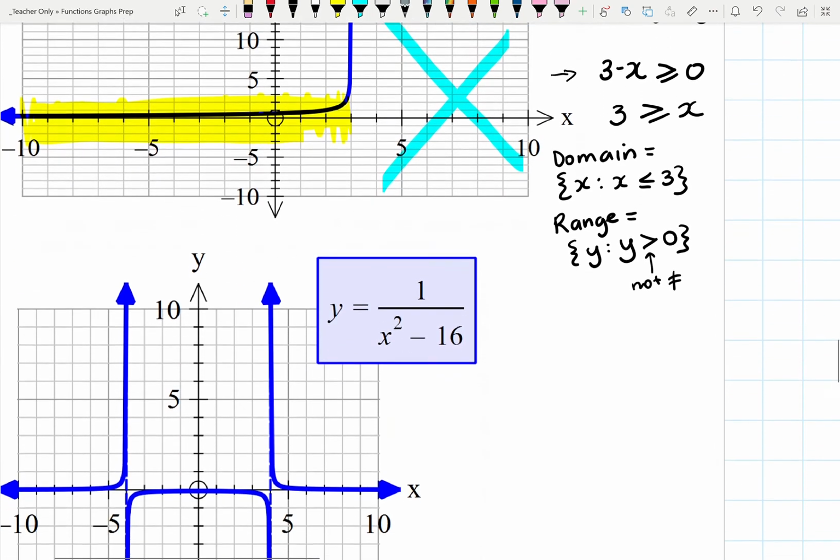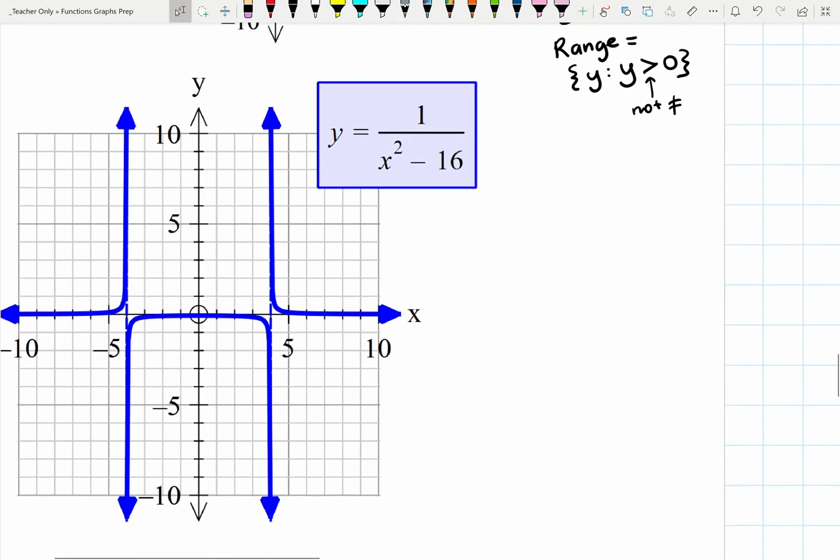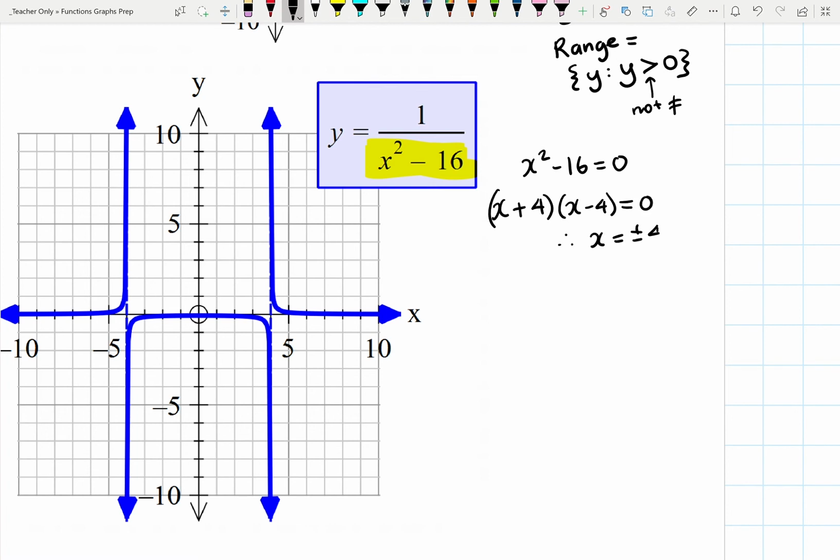All right, the last one, exactly the same principle applies. The function exists everywhere except for when the denominator equals 0. So when x squared minus 16 equals 0, you can factorise that using difference of two squares. x plus 4, x minus 4 equals 0. Therefore, x equals plus or minus 4. Or you can just solve it via moving the 16 over and taking the square root.